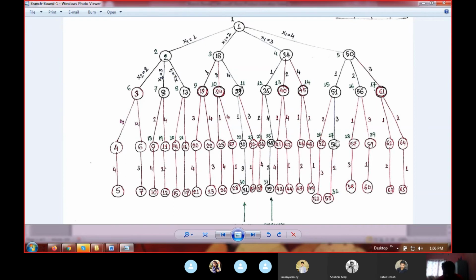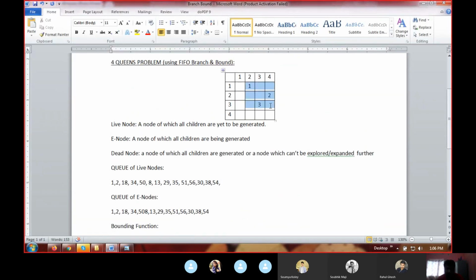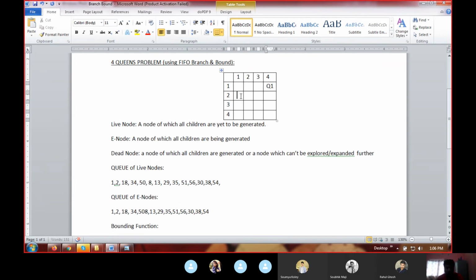But we see, though 54 was black colored, 55 is red colored because 54 was generated following the path x1 equal to 4, x2 equal to 1, x3 equal to 3. So 4, 1, 3. So is it possible, a path 4, 1, 3? 4 means this is queen 1, 4, 1, 3.